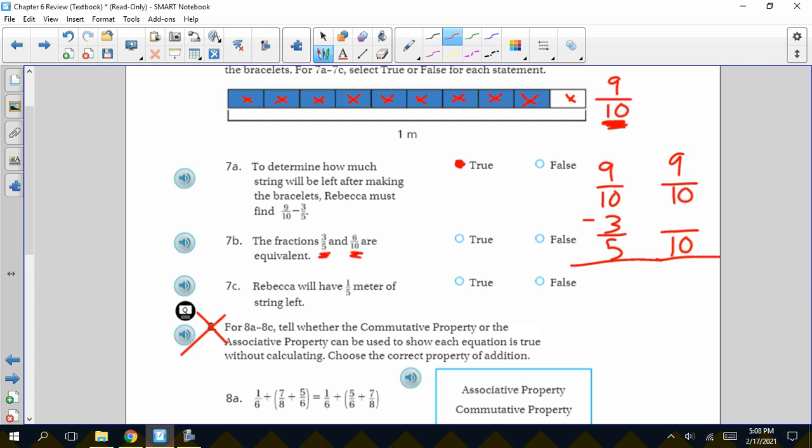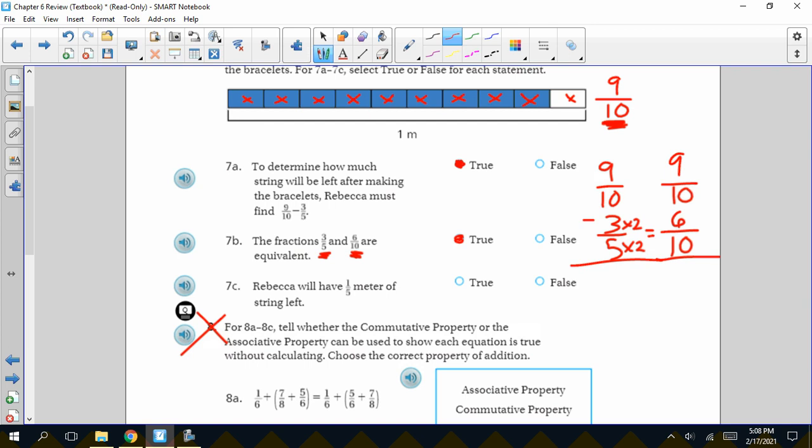Well, to figure that out, we just figure out 5 times what gives us 10, and that's 2. And whatever we do to the bottom, you must do to the top to keep it equivalent. 3 times 2 is 6. So yes, 3/5 can turn into 6/10 because they are equivalent. They are equal to each other.